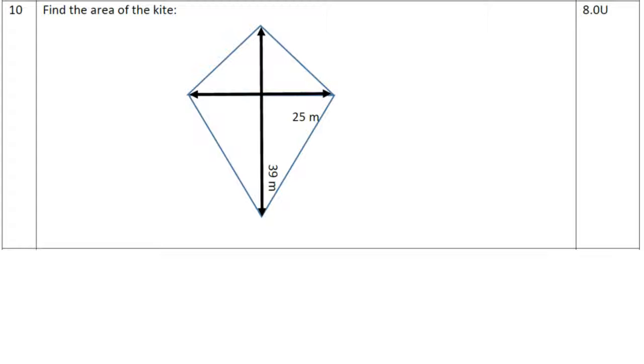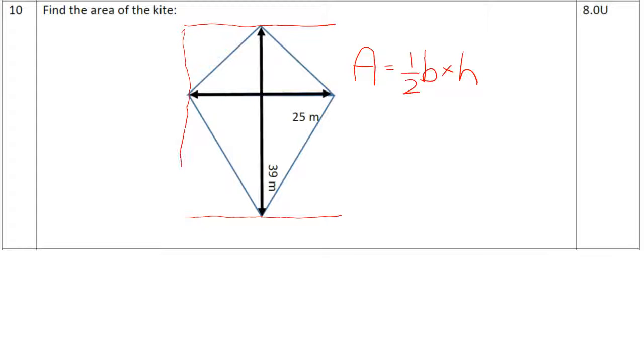Now, that's kind of a long way of doing it, but essentially what you're doing is just recognizing that the overall area of a kite is just half of the base multiplied by the height. Now, you might not entirely believe me there. Another way of showing you that is to go, okay, if we made a rectangle that was 39 meters tall, so I'm going to try and sketch that rectangle here. So here's the base of the rectangle. It's 39 meters tall, and these are the sides there, which are very wonky.